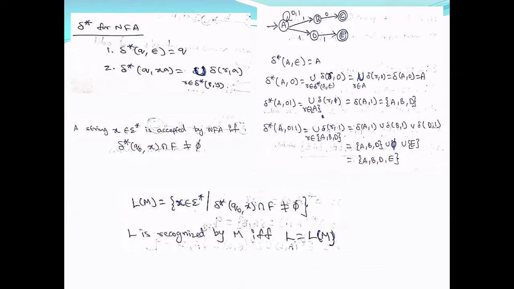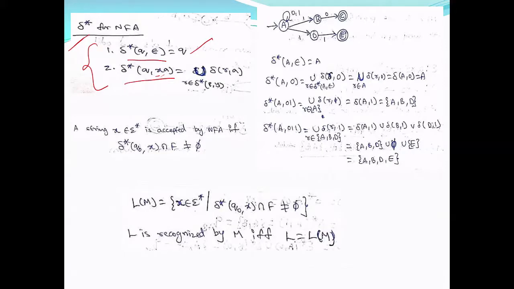So, for that, if you want to process a string, you have to define delta star, that is the extended transition function for the NFA. This is the definition. The null string is given, no change of state. Now, when a string is given, X is a string, A is an input symbol, so this entire thing will be a string.